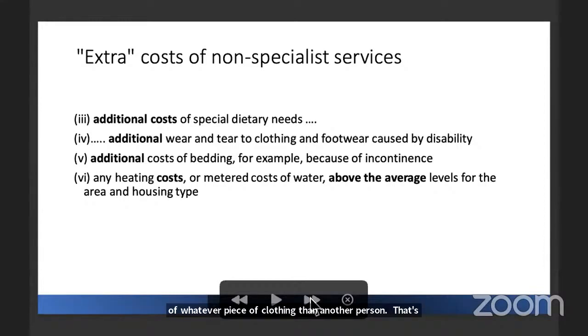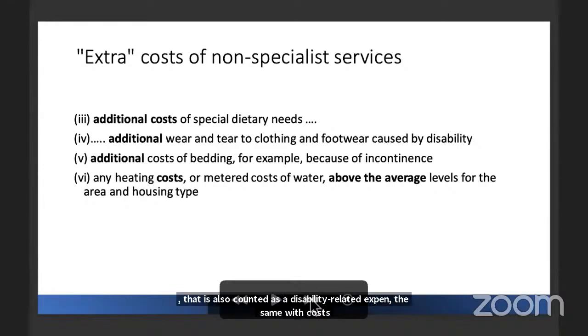And the same with costs of bedding. They have here additional costs of bedding because of incontinence. So they would look at how many items of bedding someone who doesn't have your impairment would pay, and if you have to buy more than that, they would take the difference.